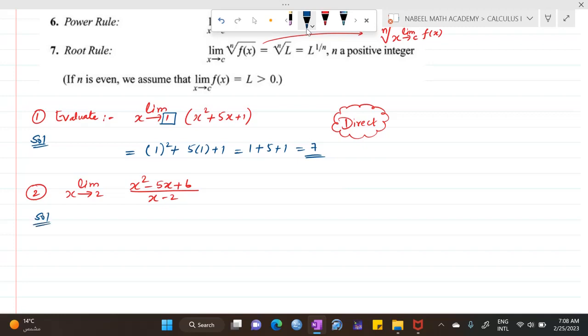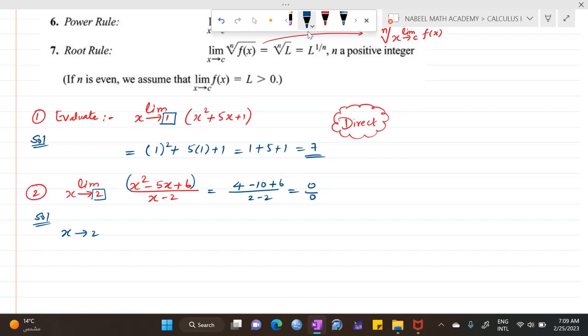If I replace x, it becomes 4 minus 10 plus 6 over 2 minus 2, which is equal to 0 over 0. This is an indeterminate form. So whenever you have an indeterminate form and the given function is a polynomial, you have to factorize the term.